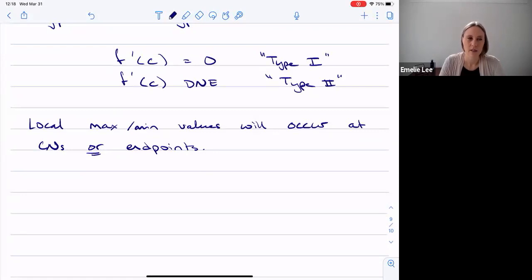We're going to use that a little bit later, but that's where we're headed. So first, let's practice finding critical numbers, and then we're going to build it all up to using those critical numbers to identify max and min values.